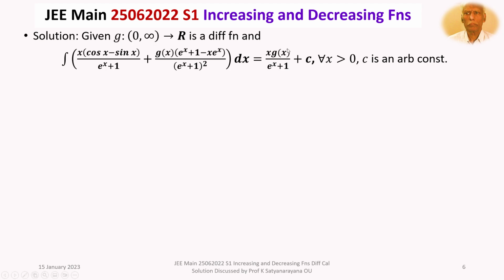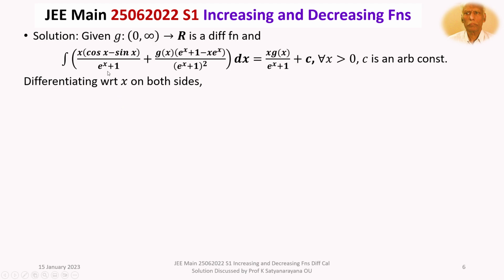Because we have to talk about g(x), g prime(x), and so on, we will now differentiate both sides with respect to x. Then the derivative of the integral will be the function, because differentiation and integration are inverse to each other.